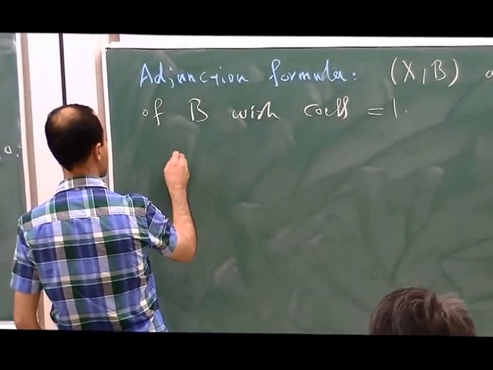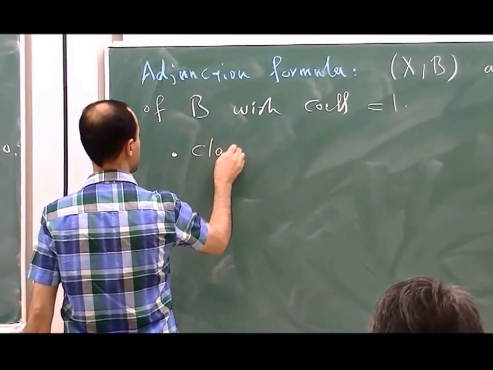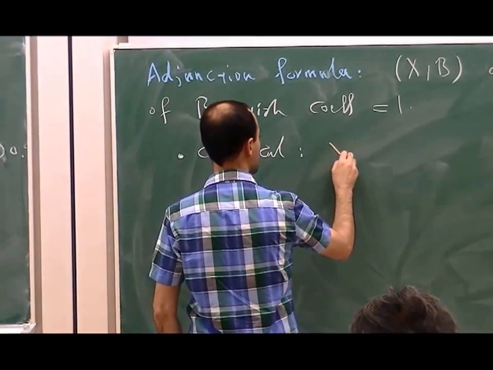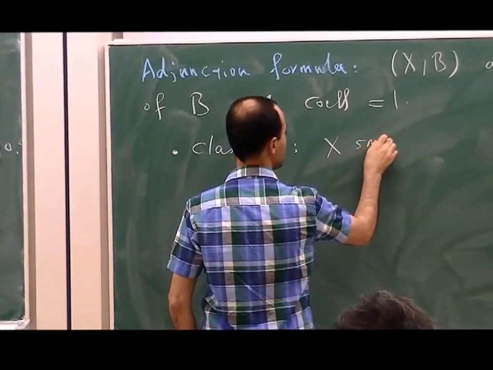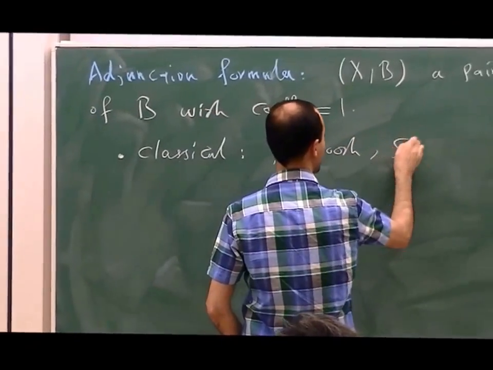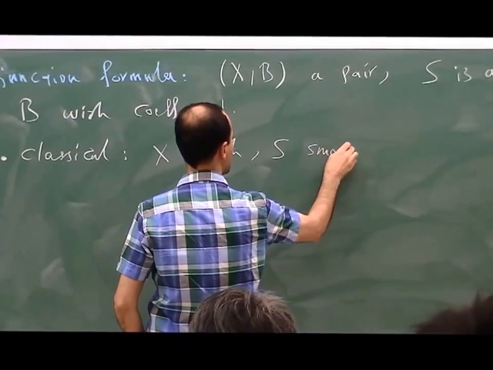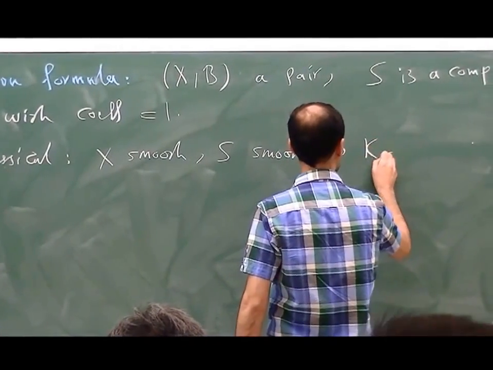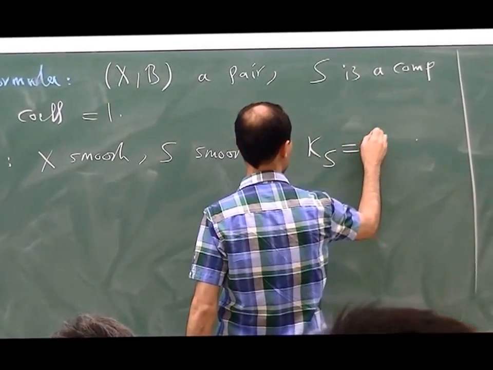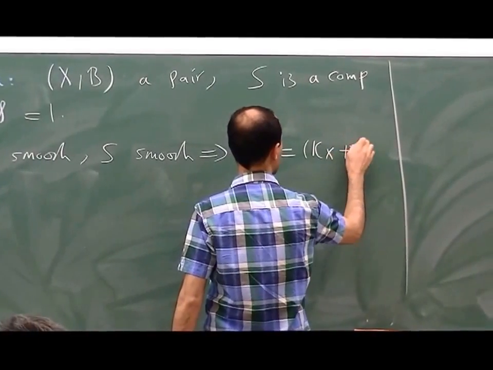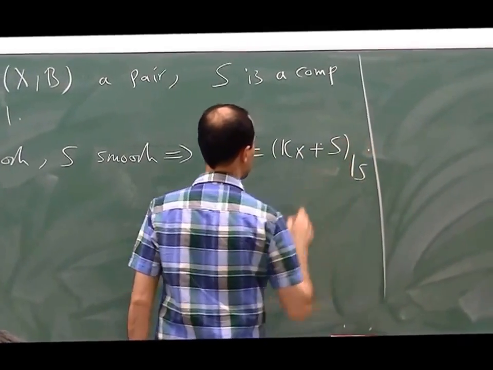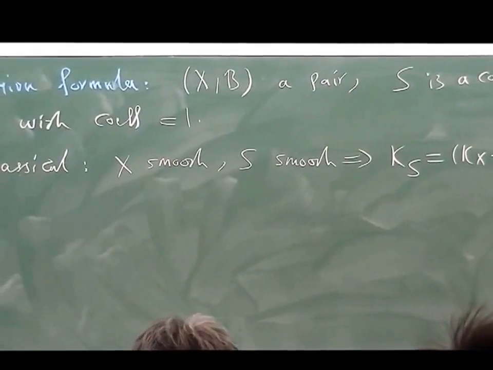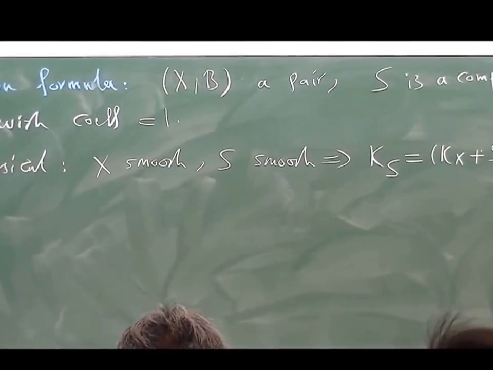So we have a classical adjunction formula. Here the classical adjunction is that suppose that X is smooth and S also smooth, then you can say that the canonical bundle of S is calculated by taking the canonical bundle of X plus the divisor S and then restrict it to this divisor.